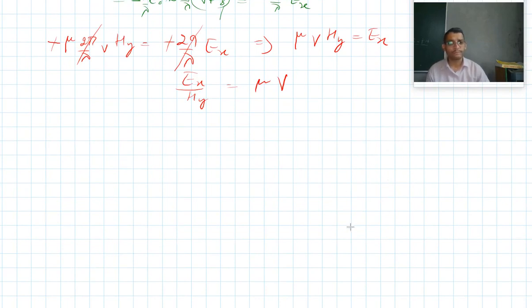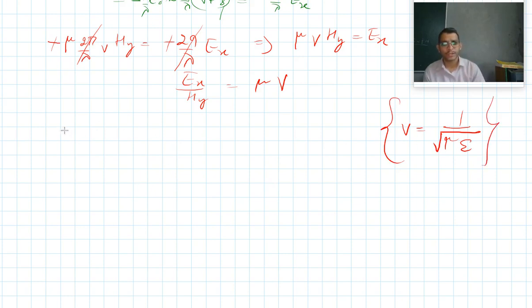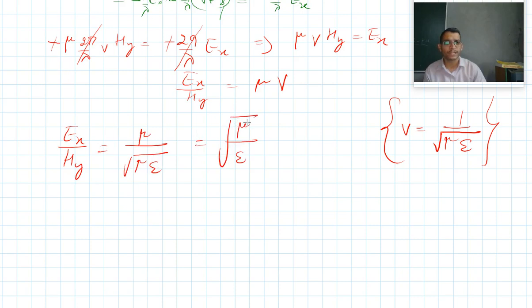Also we know that for a medium v is equal to 1 over root of mu epsilon. This is the definition of velocity of waves. So Ex upon Hy can be written as mu over root of mu epsilon, which after simplification becomes root of mu over epsilon.